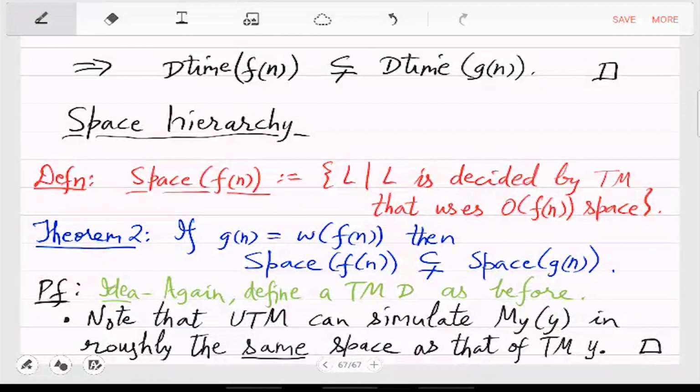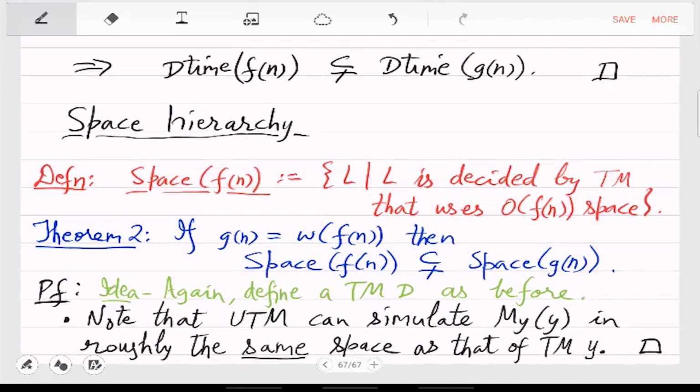So what will happen is you can go back and see the proof. So it's the same D. Okay, that basically you will simulate it for that many. Instead of steps, it will now be space. And if it doesn't halt, so I'm reading step 2. So step 2 will be now, instead of step, it will be space.